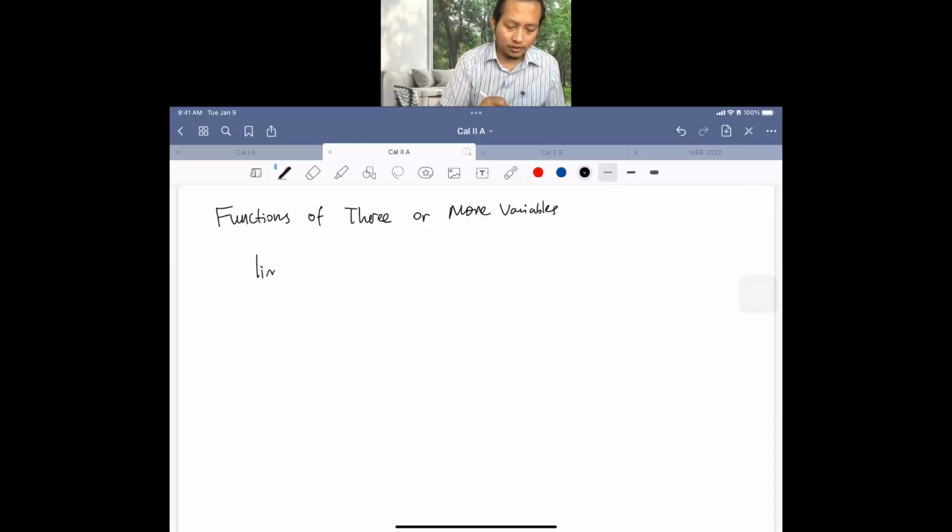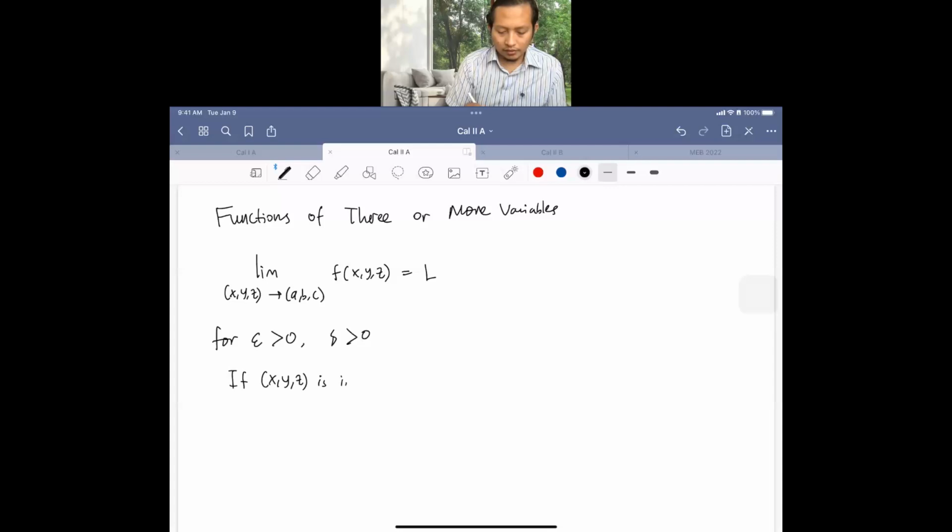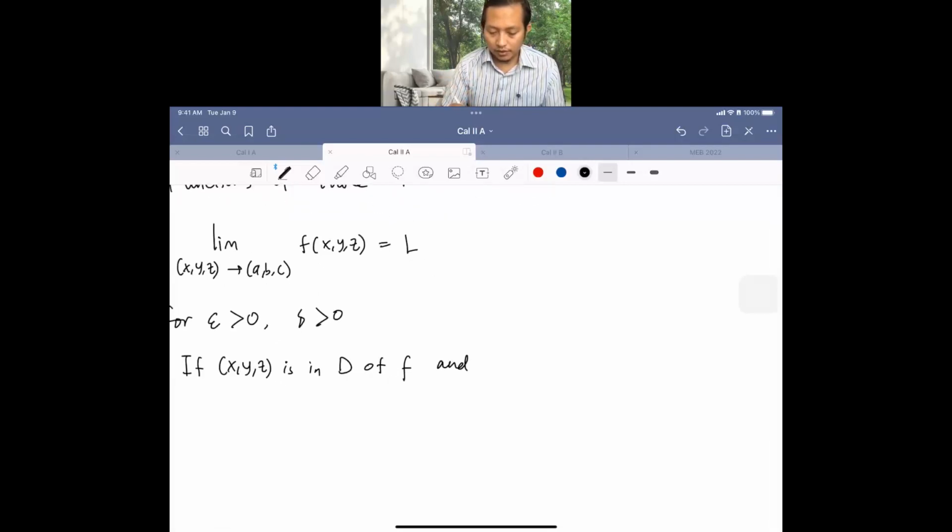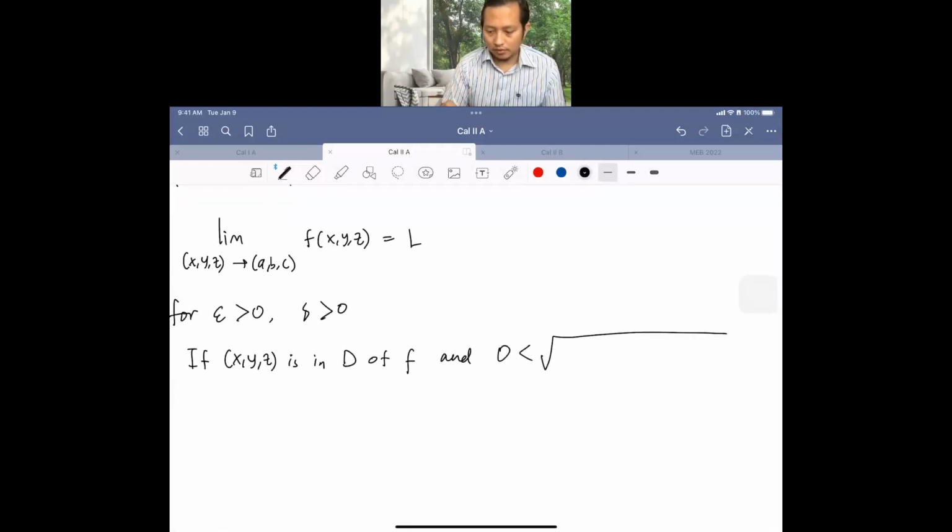Let's say with 3 variables, the point approaches (a, b, c) and the limit equals L. Now we can write this in terms of epsilon-delta definitions, if the point is in the domain of the function, and the distance, we are going to use the distance formula, to write the delta.